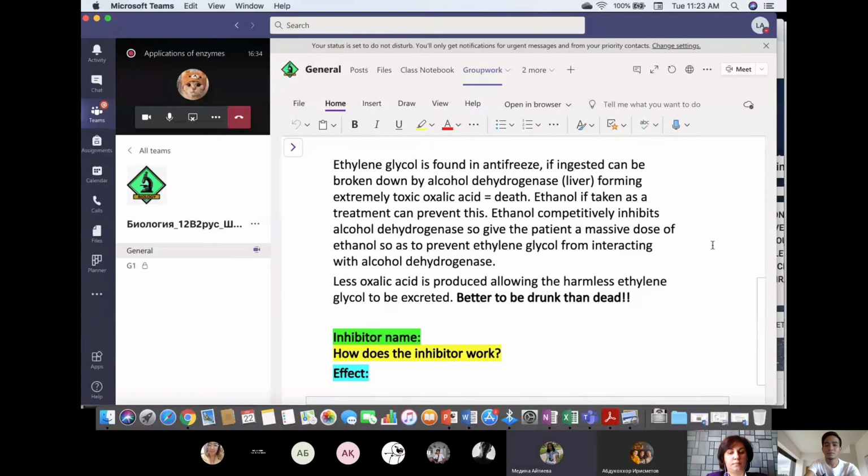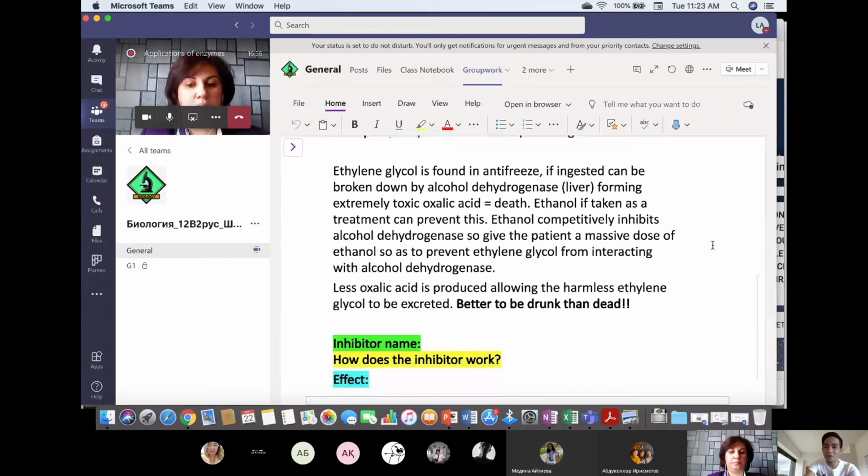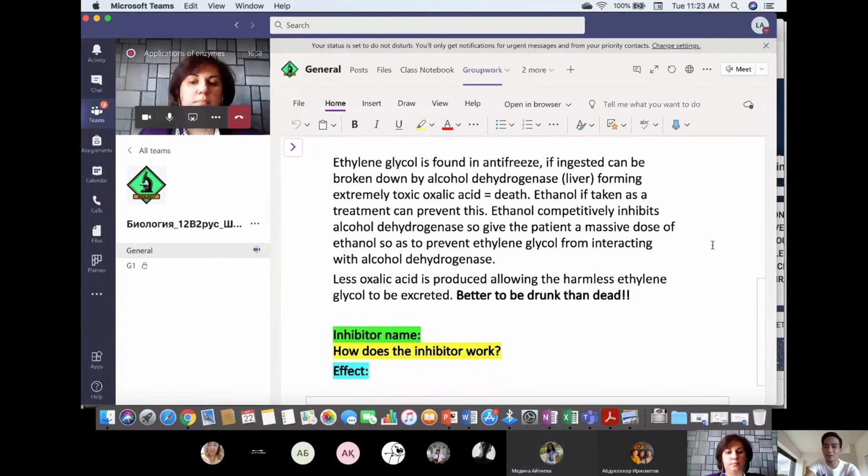No, when I click on group work, it asks me to download the application. Okay, but you can see my screen now. Now this is the text assigned to you. I will let you read it. Then just tell me the inhibitor name, how does the inhibitor work, and then the effect. And then we will look at the other students' work after.